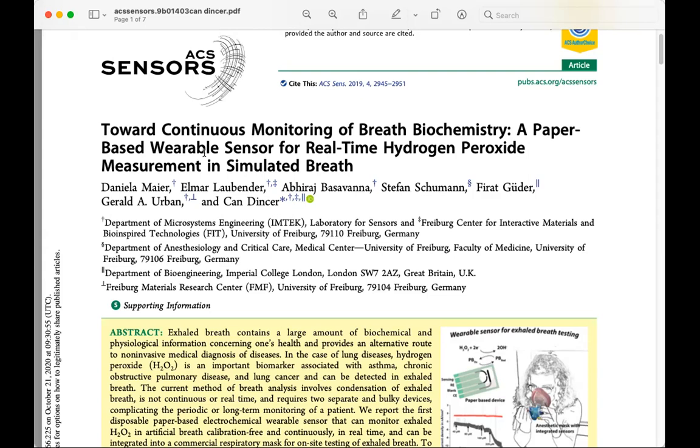Because wearable is actually the trend now. Small devices, like for those who have diabetes, the glucose level.